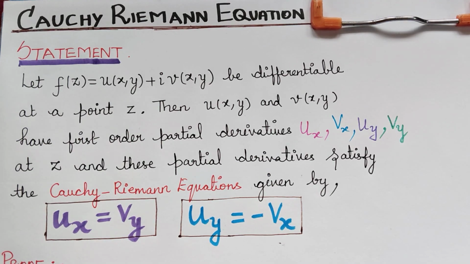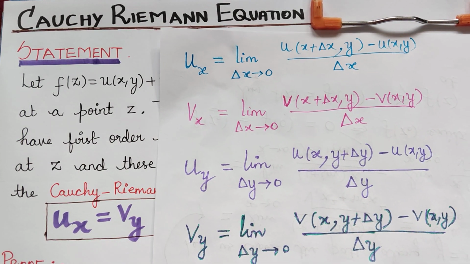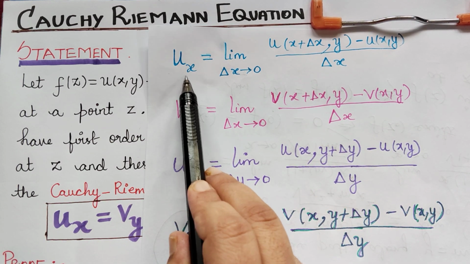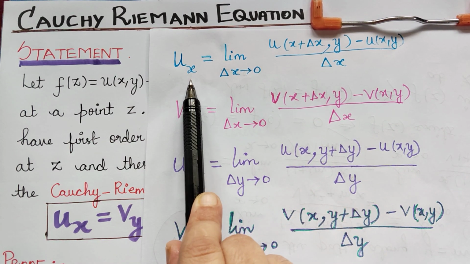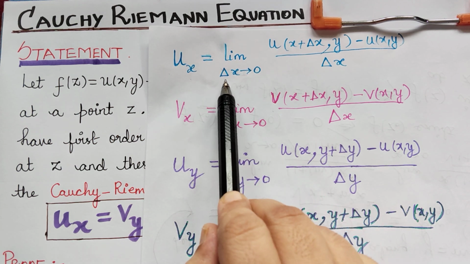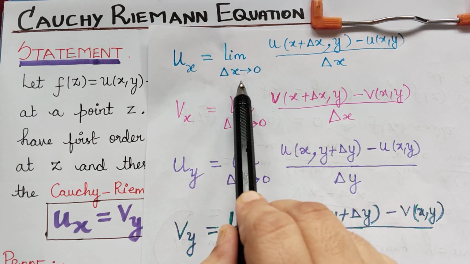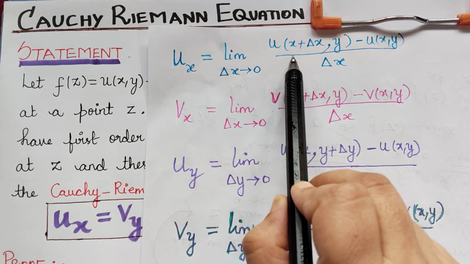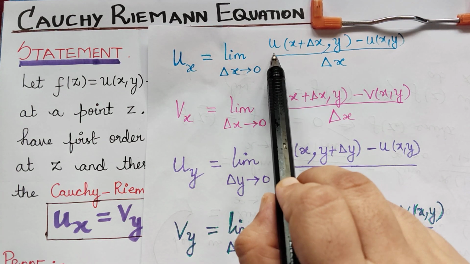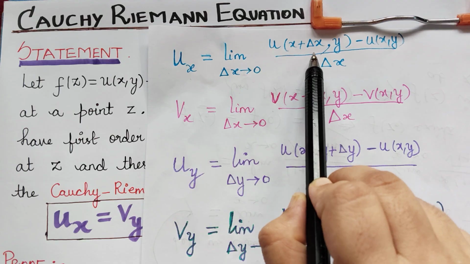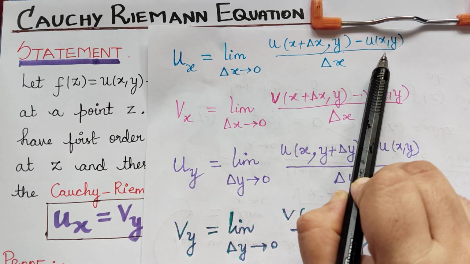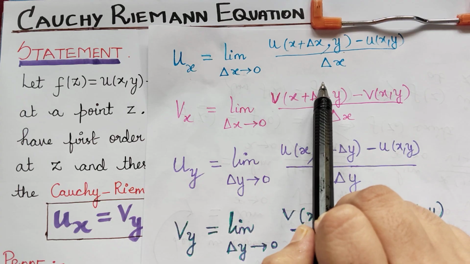So by the definition of derivatives, we know that the first order partial derivatives are given by ux. So u is partially differentiated with respect to x, and so the limit will be with respect to delta x tends to 0. And since it is with respect to x, the difference will be here only for x. So u of x plus delta x, and y remains as it is, minus u of x comma y divided by delta x.